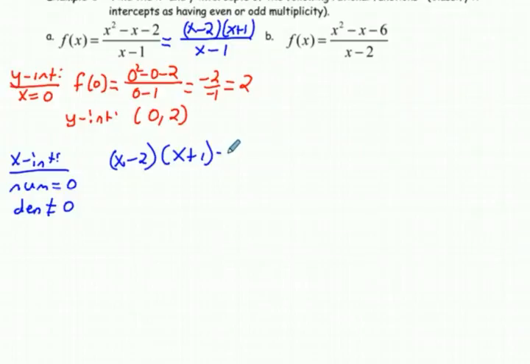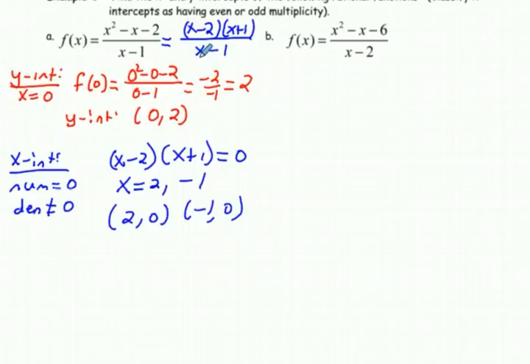By the zero product property, the values that make that 0 are 2 and negative 1. So my x-intercepts are 2, 0 and negative 1, 0. And I should check, neither 2 nor negative 1 makes the denominator 0, right? Because 1 would make the denominator 0.